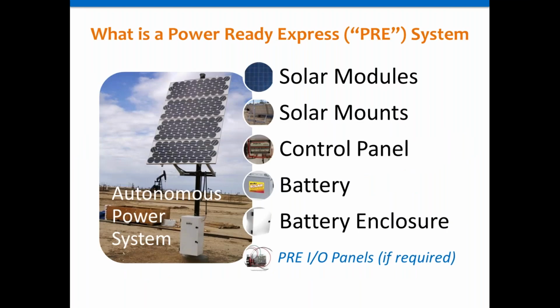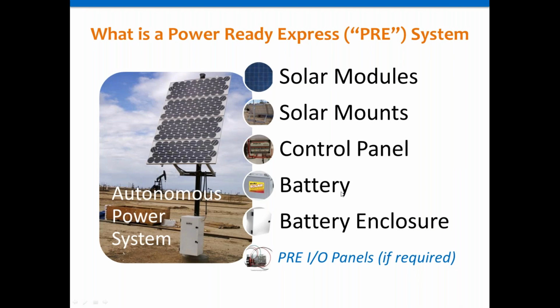So what is a Power Ready Express system? A Power Ready Express system is a complete off-grid standalone power system that provides continuous power for loads 24 hours a day. It's comprised of the solar modules and the solar mounts, which together comprise the array. There's the pre-wired control panel, which includes the charge controller, circuit protection, wires, load distribution blocks, and anything else.